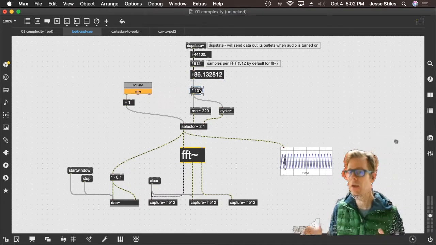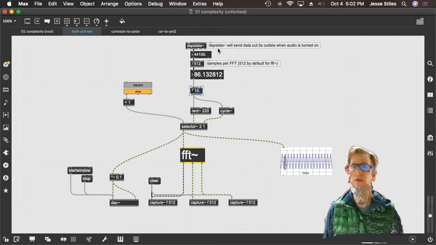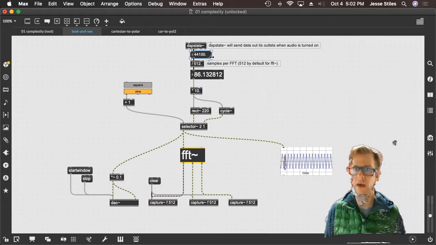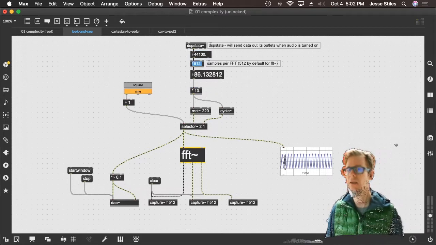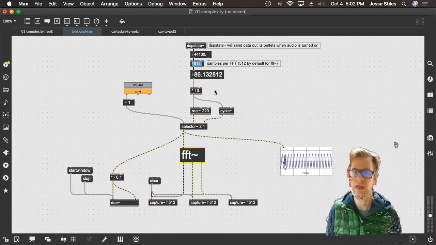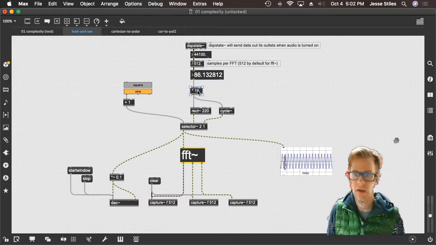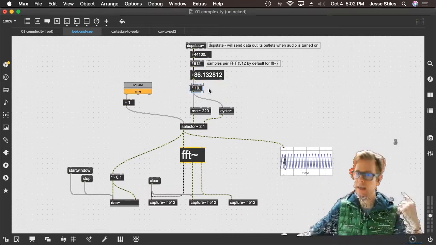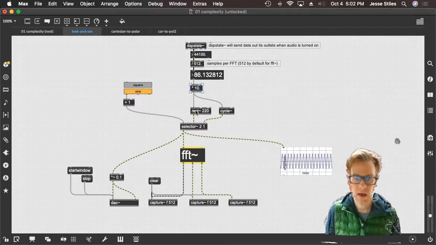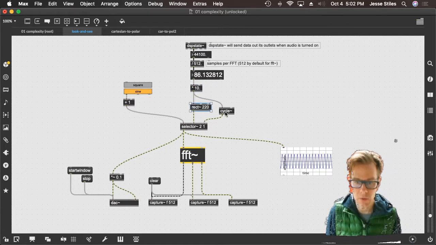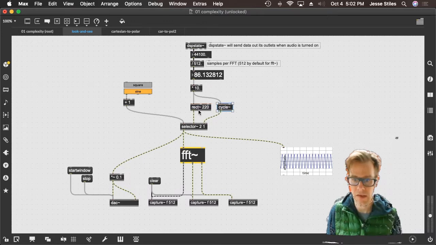This is the fundamental frequency of our FFT when the sampling rate is 44,100, and the size of the FFT is 512 samples. I'm taking that base frequency of the FFT, multiplying it by 10, and we're going to use that to set the frequency of two different oscillators. I've got a square wave and a sine wave.